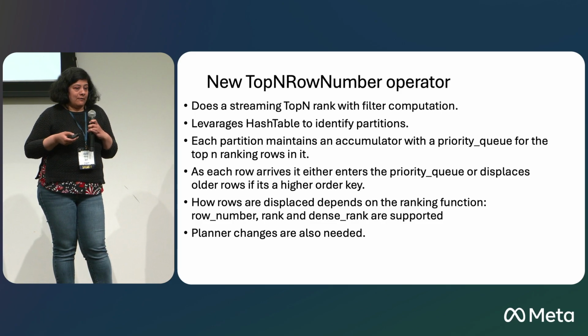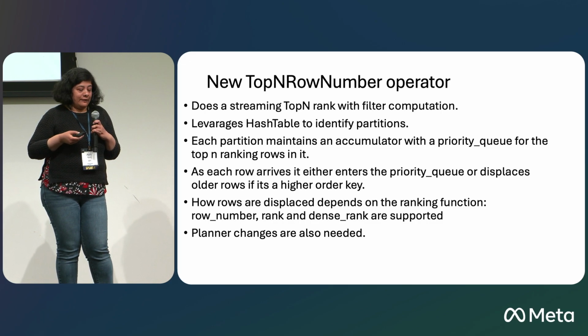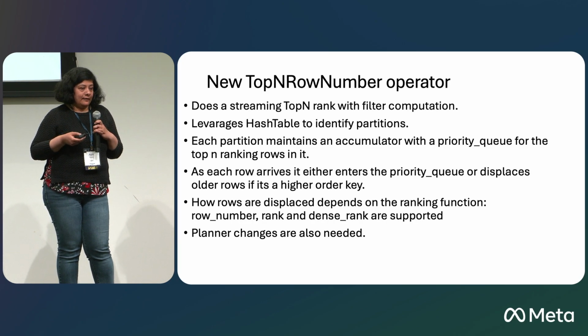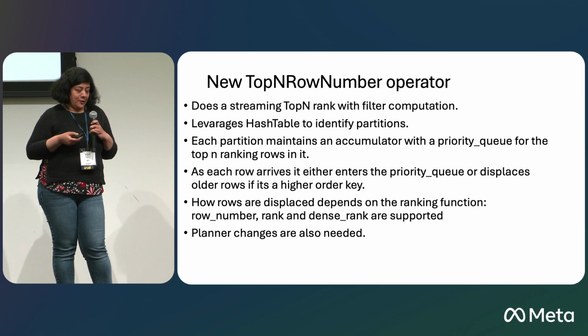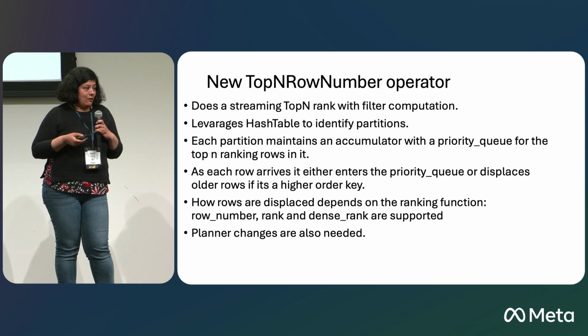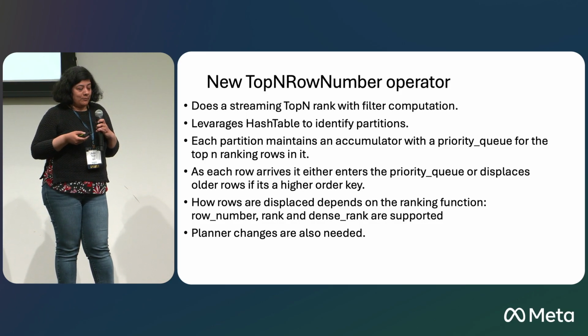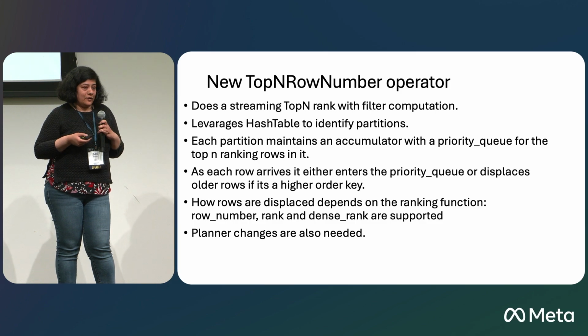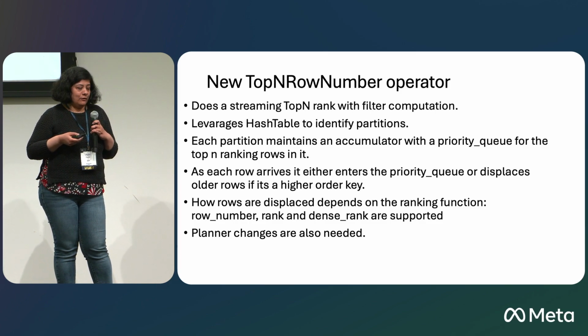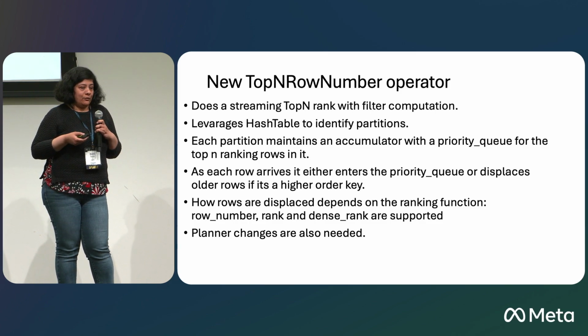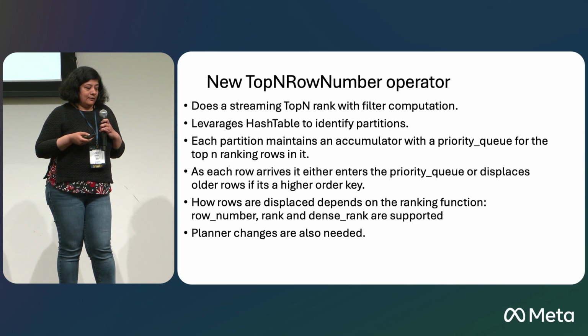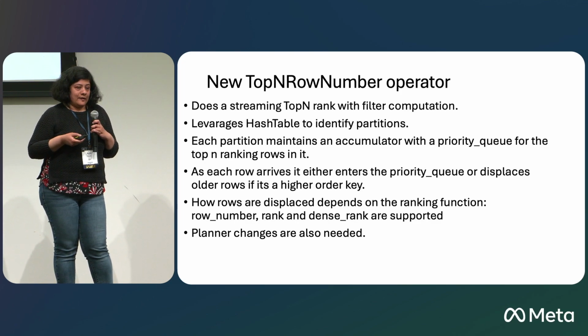As every row comes in, we decide whether it should remain in the queue or leave the queue, depending on its order by key and its rank in the partition. We've implemented this logic for rank and dense rank functions. Since this is a new operator, it needs planner changes, so we added a planner rule to identify the query pattern where you have a rank filter, and we will now use this new operator instead of the window.